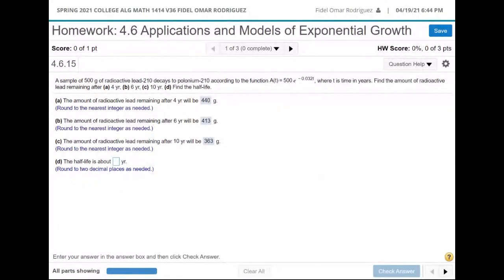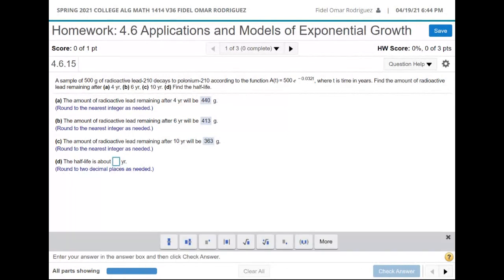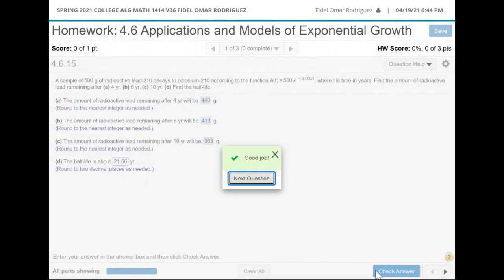So let me stop sharing this and come back to my actual problem. If you notice right here, guys, it says round to 2 decimal places. So I'm going to type in 21.66, and I'm going to go check, and we got it, right?